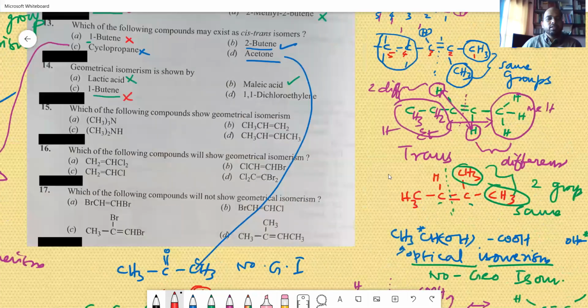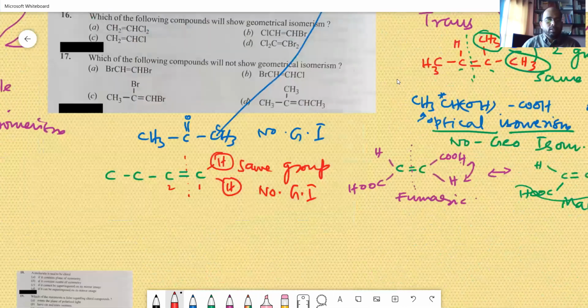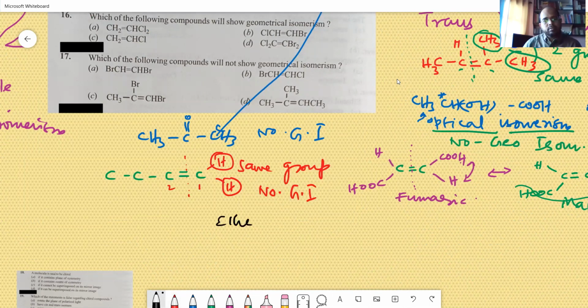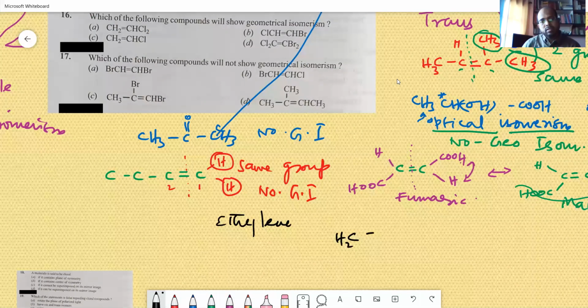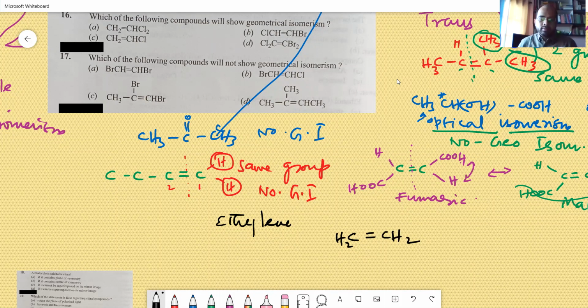What is the last one? 1,1-dichloroethylene. So you have to first write ethylene. Ethylene is derived from H2C double bond CH2. Okay, now the first carbon atom and second carbon atom were there.